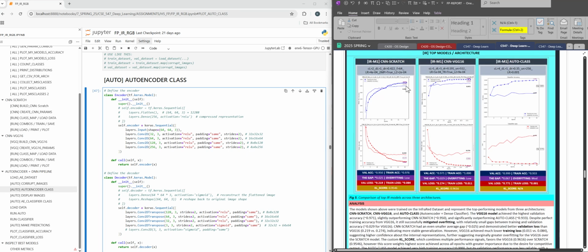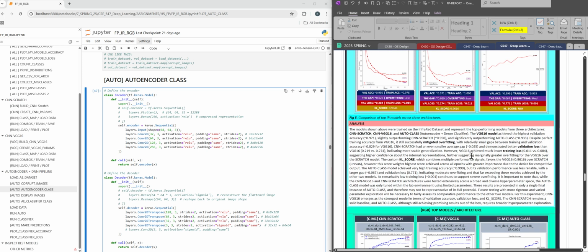This gap here is smaller, and its validation loss is lower, so in some ways it might be able to generalize a little better or be a little less overfit.